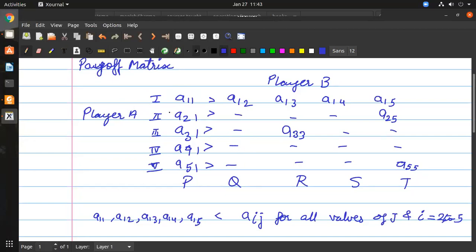Because for player A, this is a win situation. In a win situation, if it is less than, then we won't use it. But for player B, it's a lose situation. If it is more, then we will not use it. If you remember, for A, we are writing row minima. Is it or not?